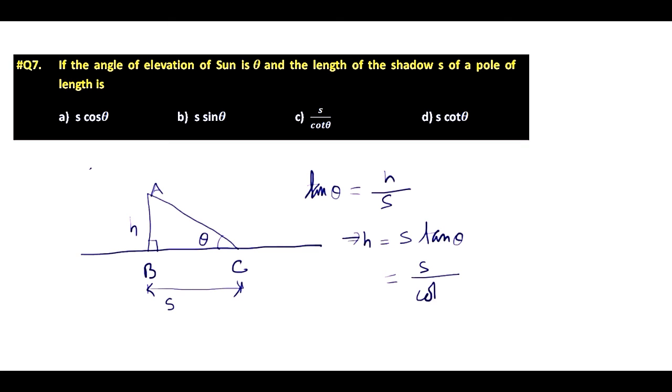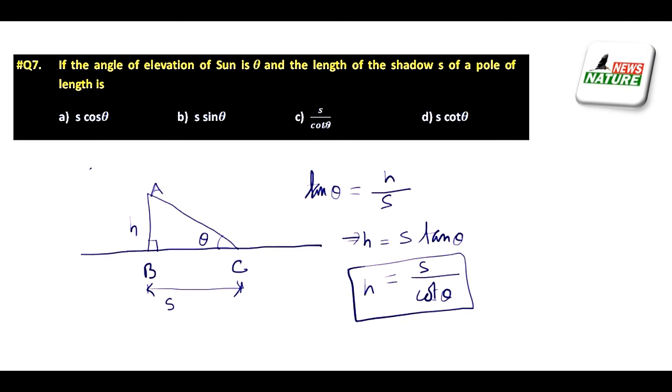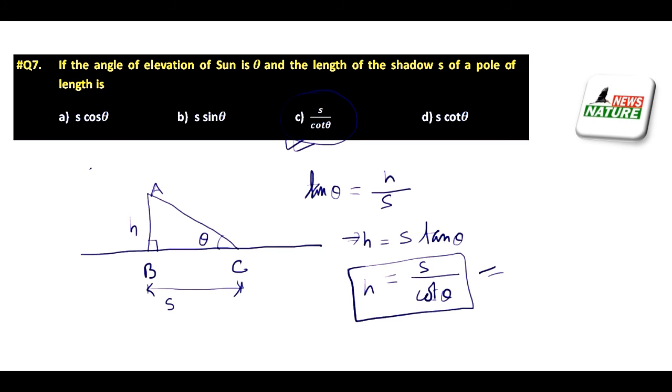So we'll remember that tan theta is equal to 1 by cot theta. So what will be the height? It is S by, sorry, there is no mistake, it's okay. I thought a big mistake was there. It is S by cot theta. That is the answer.